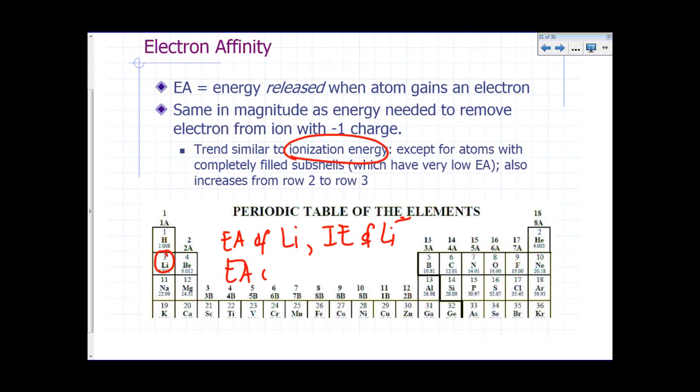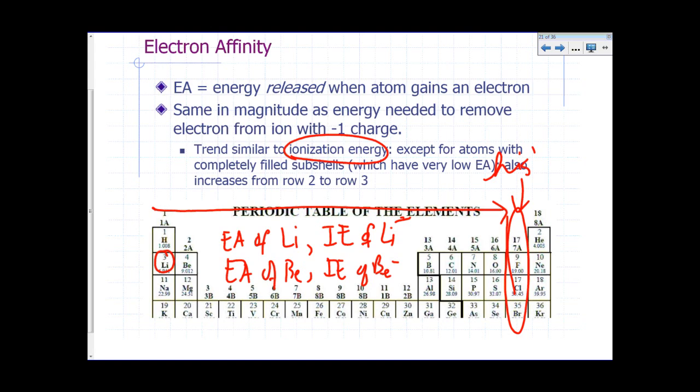And the EA of beryllium is going to be the ionization energy of beryllium with a negative 1 charge. So, in effect then, remember ionization energy increases left to right. We have to stop at the halogens. This time around, it's the halogens that are going to have the highest electron affinity. So electron affinity increases going left to right.